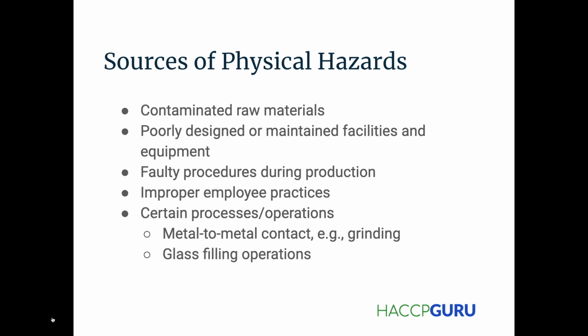You've got glass filling operations as well, that pose their own physical hazards or risks. Got to treat everyone differently, but also have that knowledge around what the overarching risks are. How can I make this problem a local problem and not spread it around? So you got to get your footprint around it. But yeah, these are the possible sources of most physical hazards.